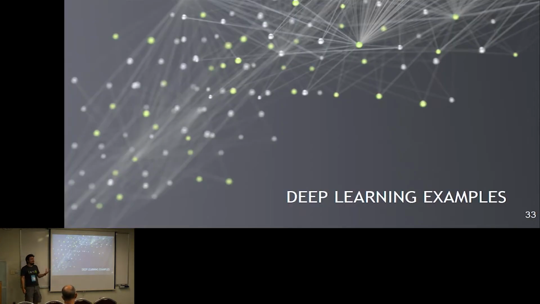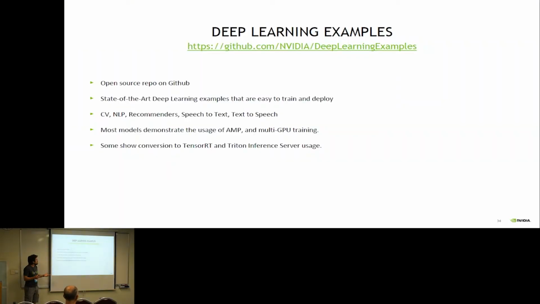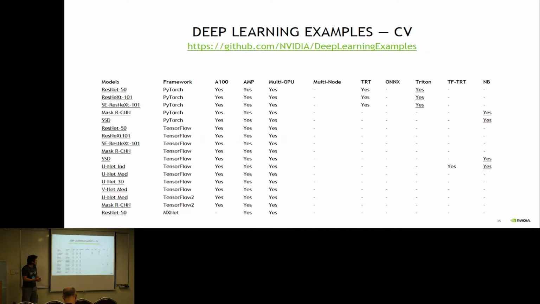And there is another bunch of references for your performance, just to track if you are getting what you should expect. This is called the Deep Learning Examples. This is just a GitHub repository with open source reference implementations of multiple neural networks in many domains, including, of course, CV, NLP, speech recognition, recommender systems, text-to-speech, all that.